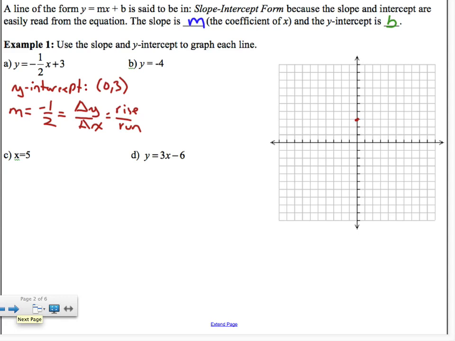Down. Where are you going to put the negative? With the 1. Usually I like to put it with the first one, the numerator, right? So negative 1, we're going to go down 1, because it's negative, and our run is what? Over 2, and that'll give us our next point. I can continue down 1, over 2, down 1, over 2. And then we get a straight line.